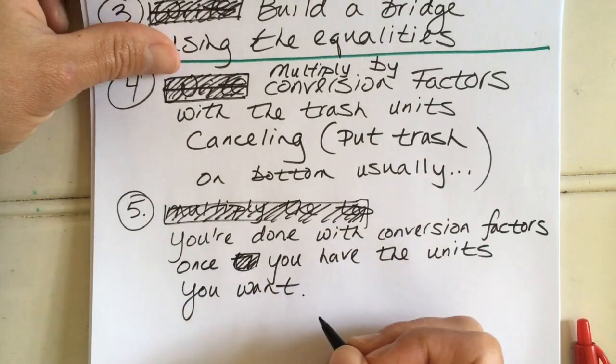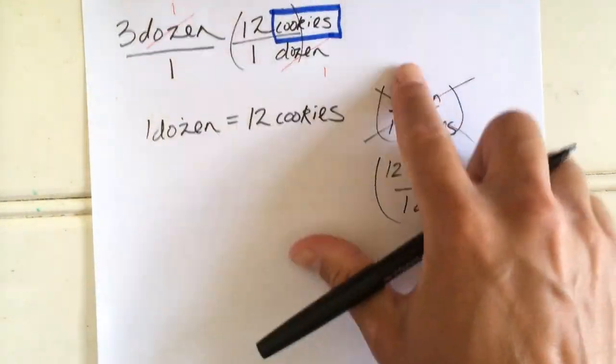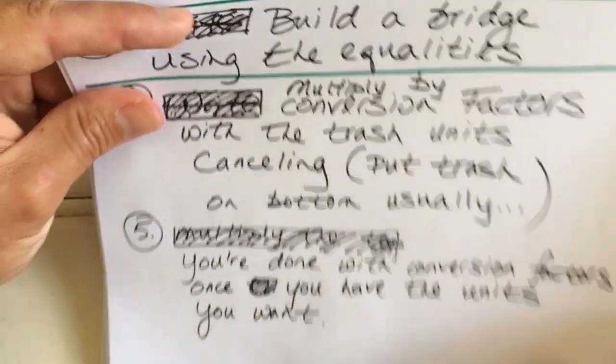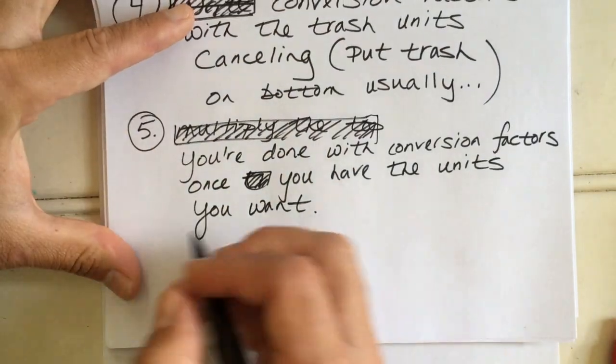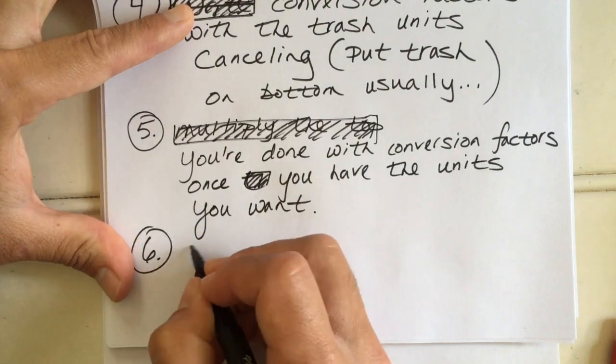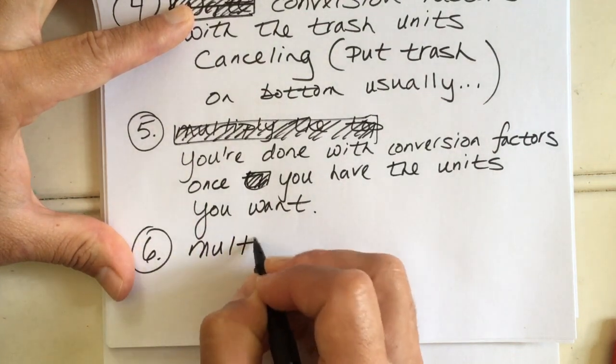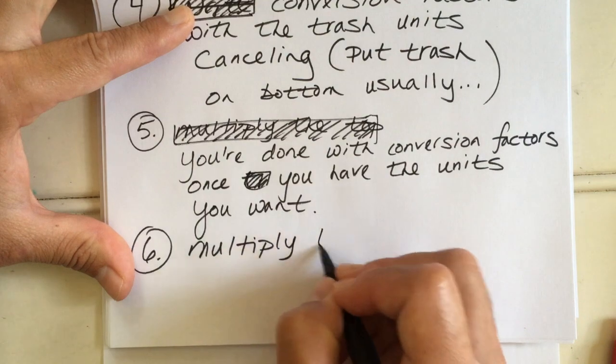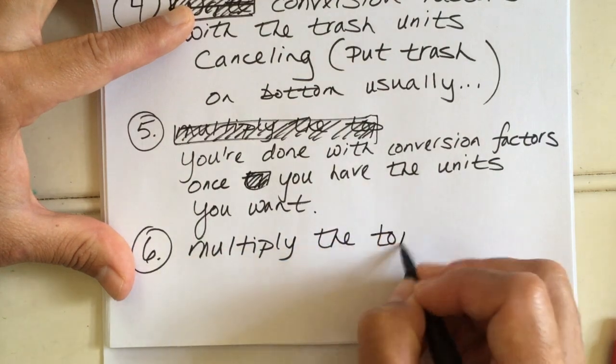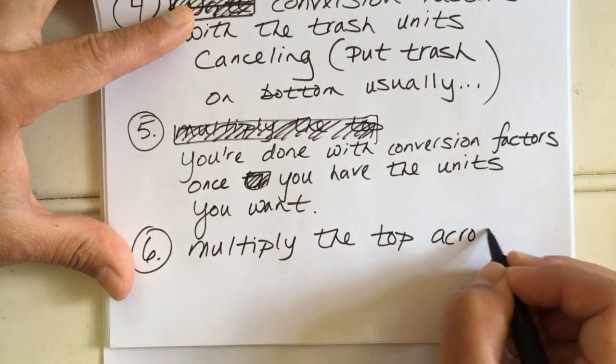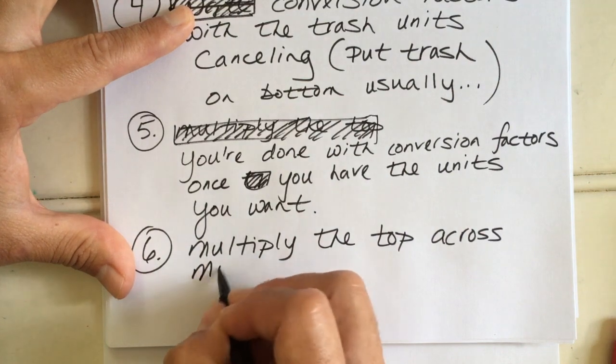All right, so that's how you know you're done, right? So we know we're done because we're in cookies. All right, then the next step is to multiply the top across. Multiply the bottom across.